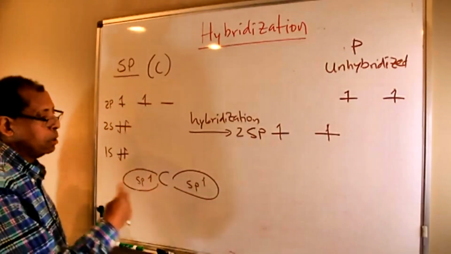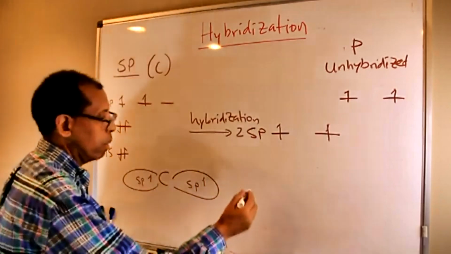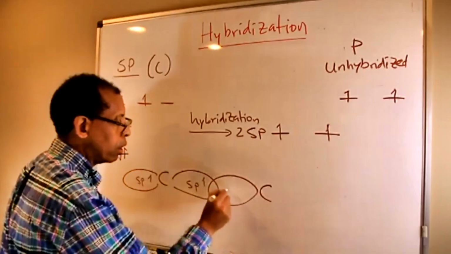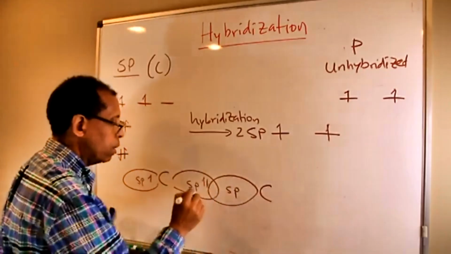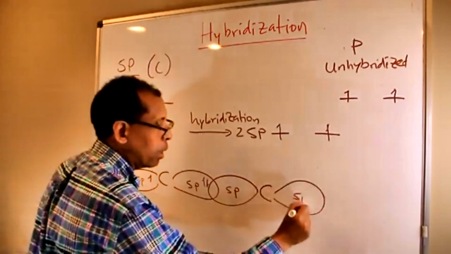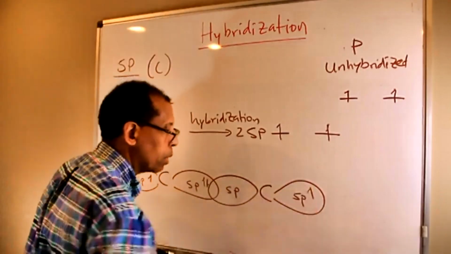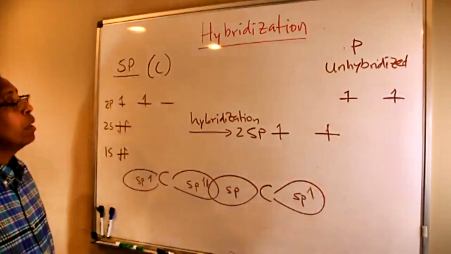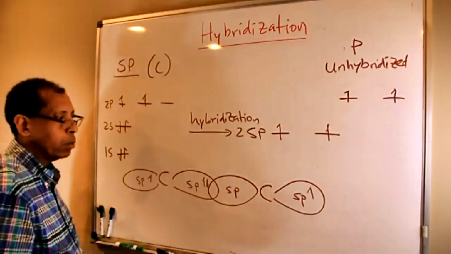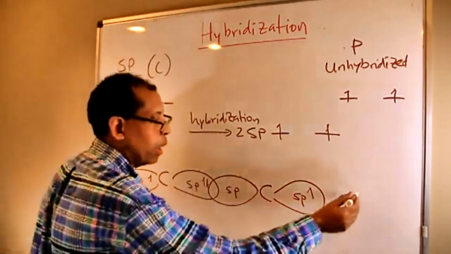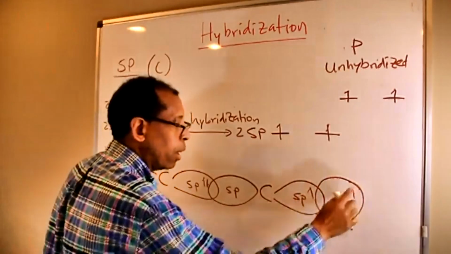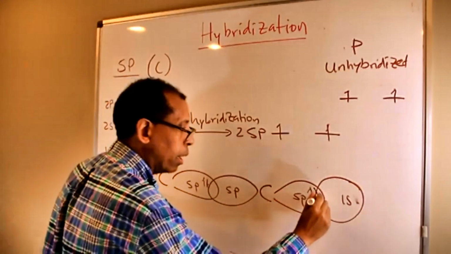So if I had another carbon, for example, to make a bond, this would also have another sp orbital with 1 electron, then they make a bond, and here there is another sp orbital. Now let's satisfy this by making a bond with hydrogen, for example. Hydrogen has a 1s orbital with 1 electron to make a bond like this.